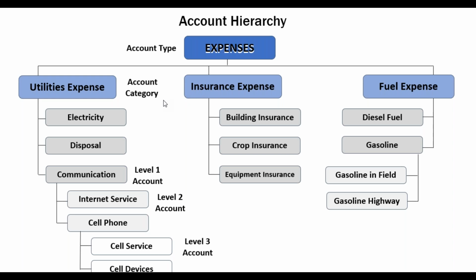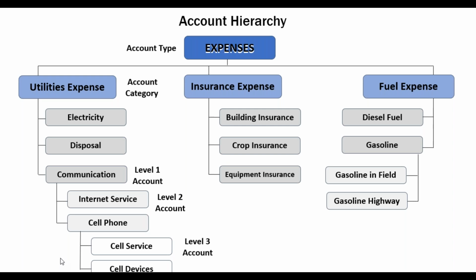But right now, after account categories, we're going to talk about the different levels of accounts that you can have under each account category. So we have an example here of utilities expense, and we are using 3 different level 1 accounts under utilities expense: electricity, disposal, and communication. But this user wants a little bit more detail for the communication.